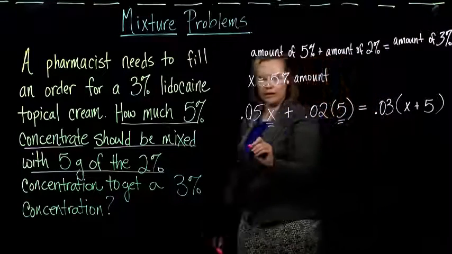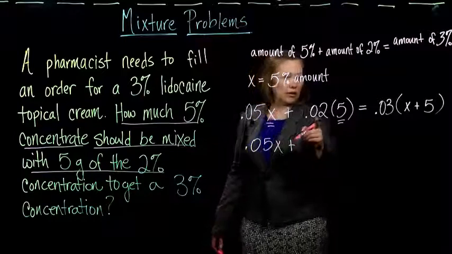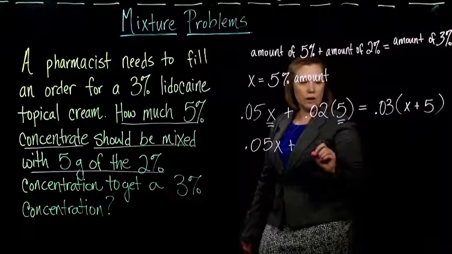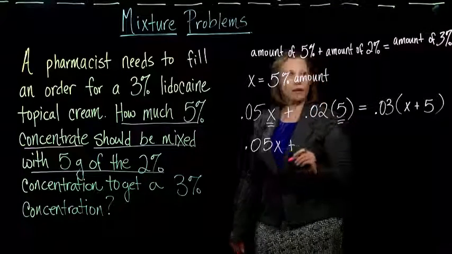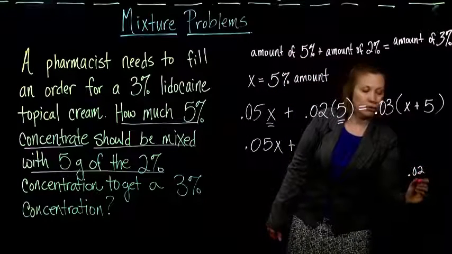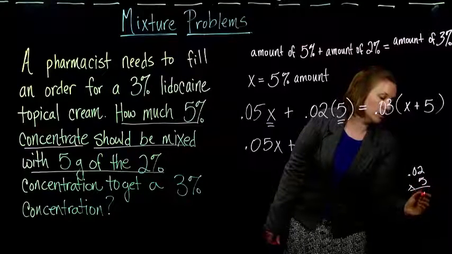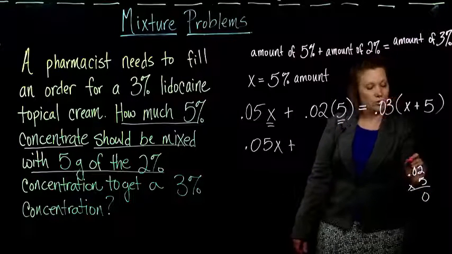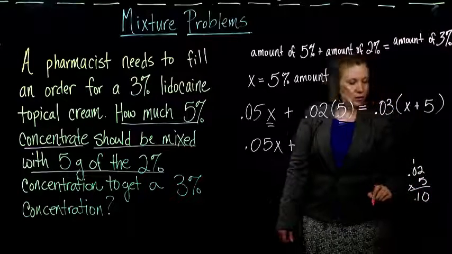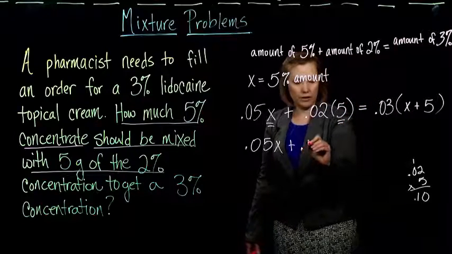I'm trying to get x by itself. So I might want to multiply 0.02 times 5. You might have to go off to the side and do a little scratch work. 5 times 2 gives me, we have to remember how to multiply decimals, 0.1 here.